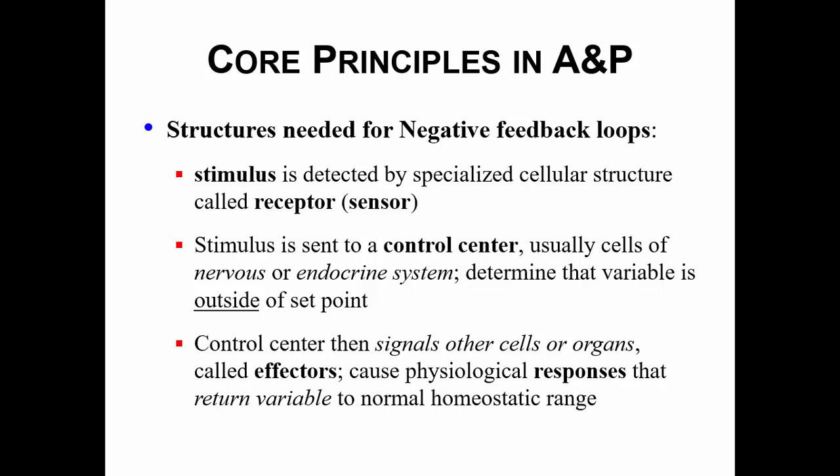And the control center can be as complex as your brain or spinal cord, or it may be other cells, cells of the nervous system or the endocrine system. So that control center then verifies that that variable is out of range. It's not at the set point anymore. And so the control center then tells other cells and organs how to fix it and get it back into normal range. And the organs and cells that it tells are called effectors.